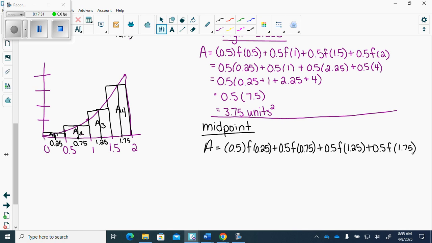So we're going to get area equals 0.5 times 0.25 squared, which is 0.0625, plus 0.5 times f of 0.75, which is 0.75 squared when you fill it into the formula, and it's 0.5625. Plus 0.5 times 1.25 squared, which is 1.5625.